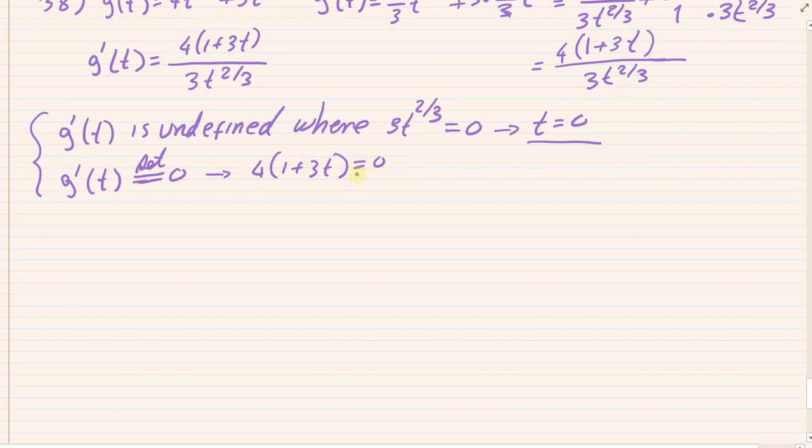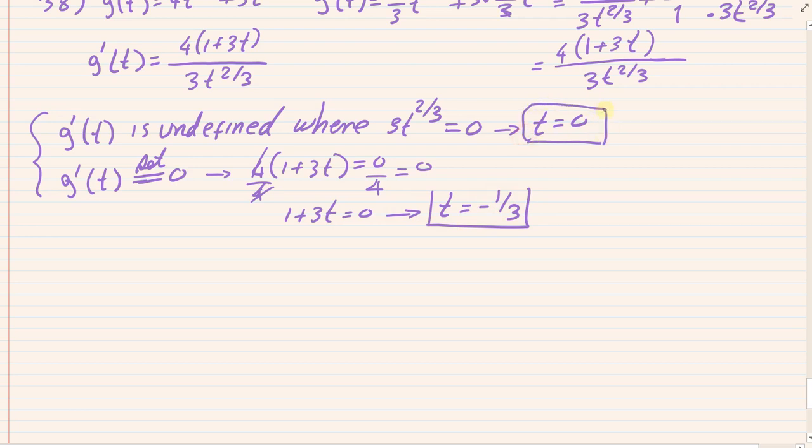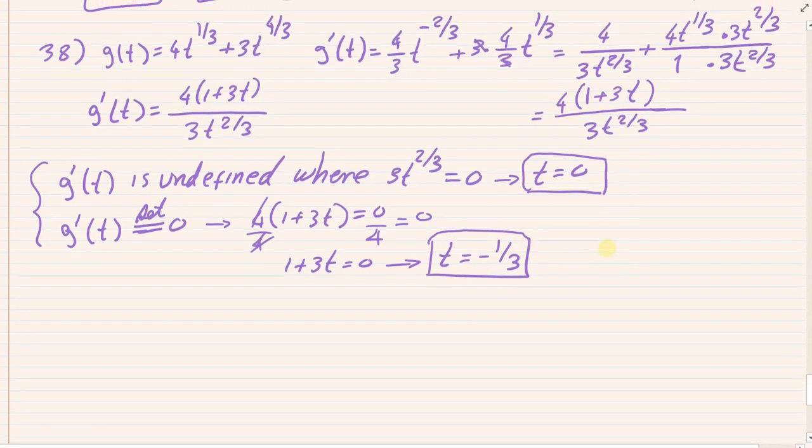You can divide both sides by 4, so this 4 really doesn't play any role in finding the 0. We get 1 plus 3t equals 0, from which t is negative 1/3, right? Subtract 1, divide by 3. So there are two critical numbers for this one: 0, which makes the derivative undefined, meaning the function is not differentiable at that point, or t equals negative 1/3.